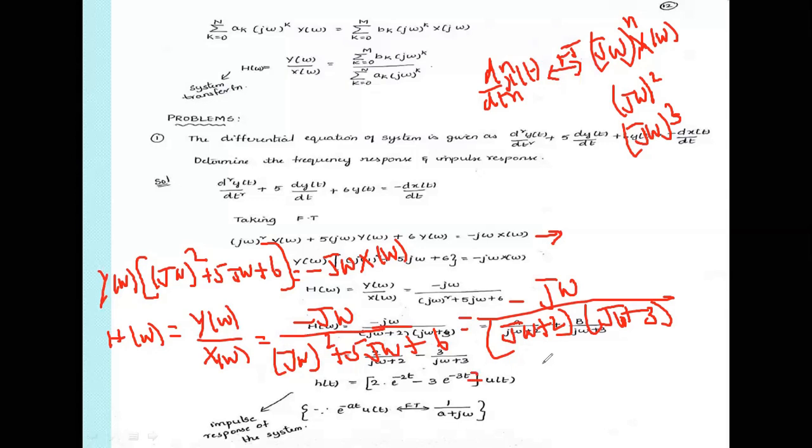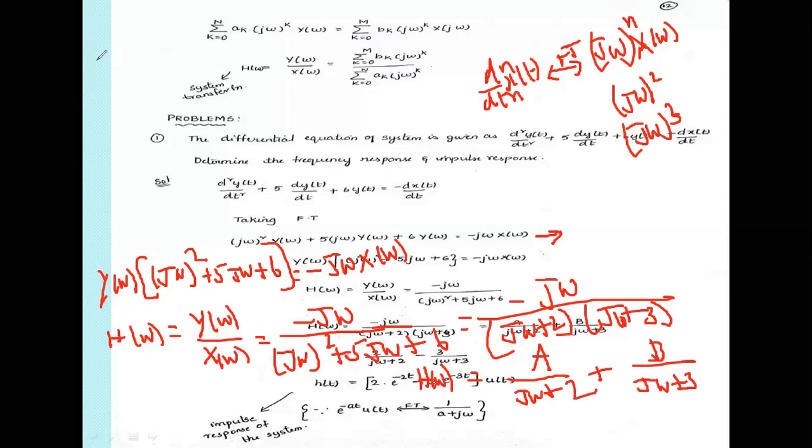So using the partial fraction expansion method, find A and B: A by j omega plus 2 plus B by j omega plus 3. This is H of omega.